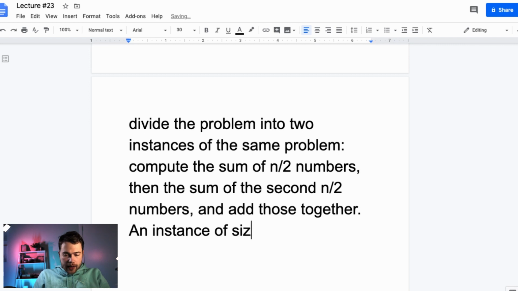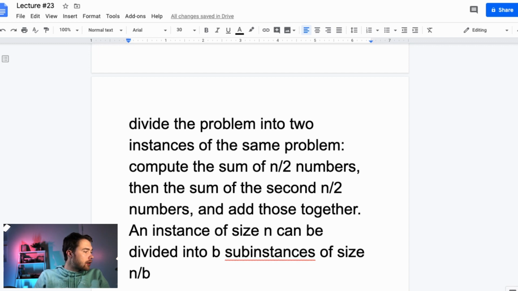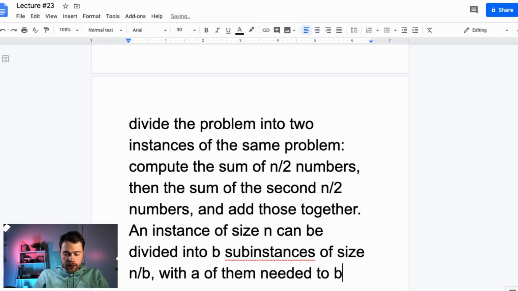An instance of size n can be divided into b subproblems or sub-instances of size, ideally, n over b, with a of them needed to be solved.